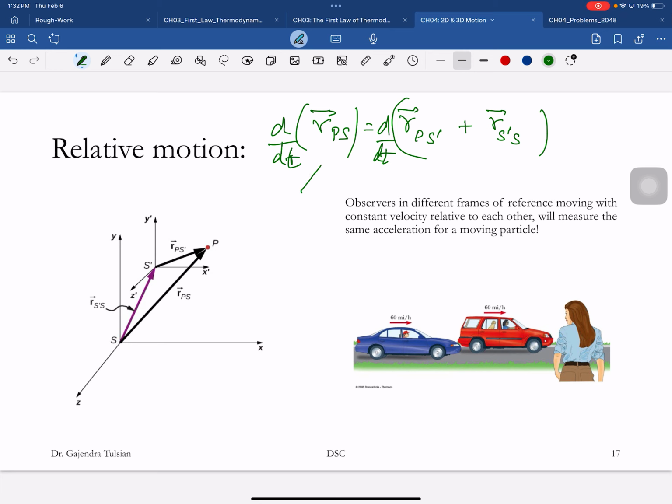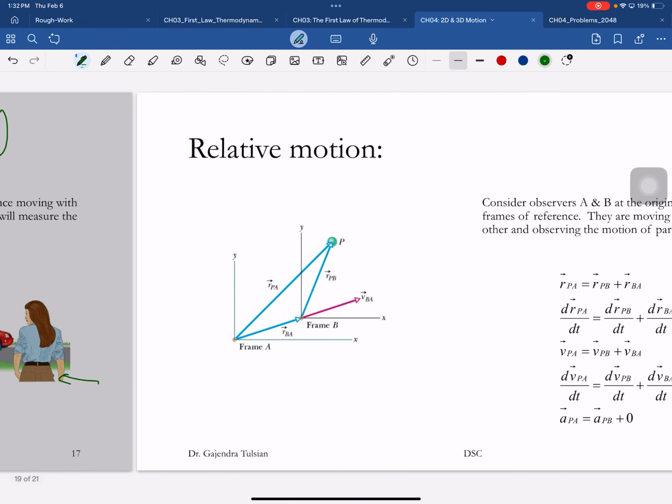So this is the velocity of the particle as seen by this person, and that's the velocity as seen by that person. And that's the velocity of this frame with reference to that frame. Anyway, you go through all of that.